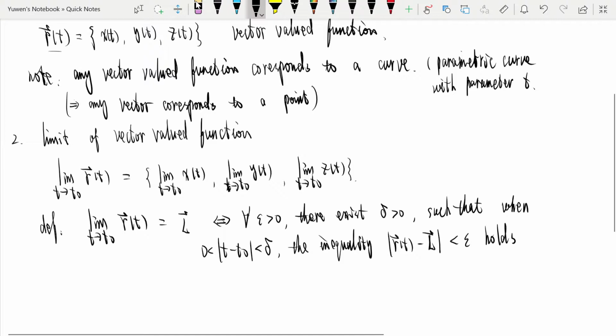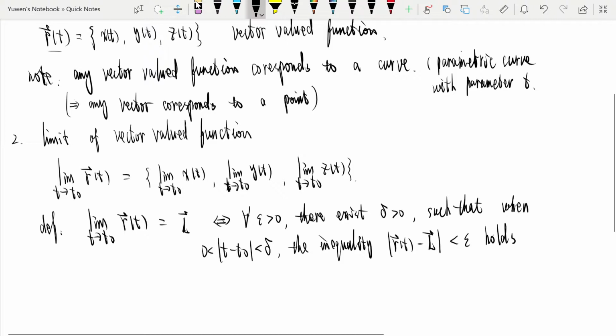Then we say the limit of r(t) is the vector L. That's the formal definition for limit, and the computation is the above equality.